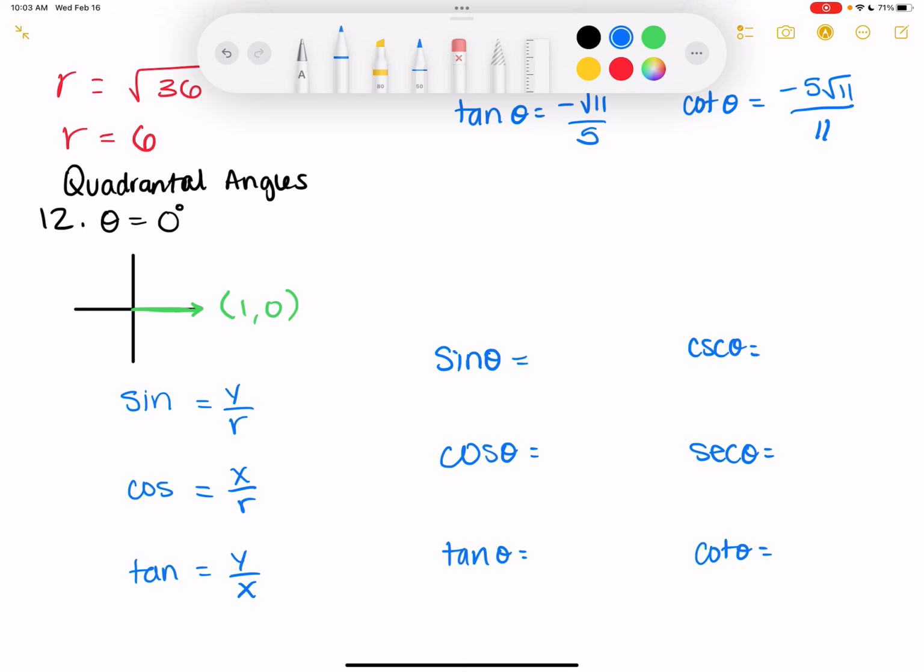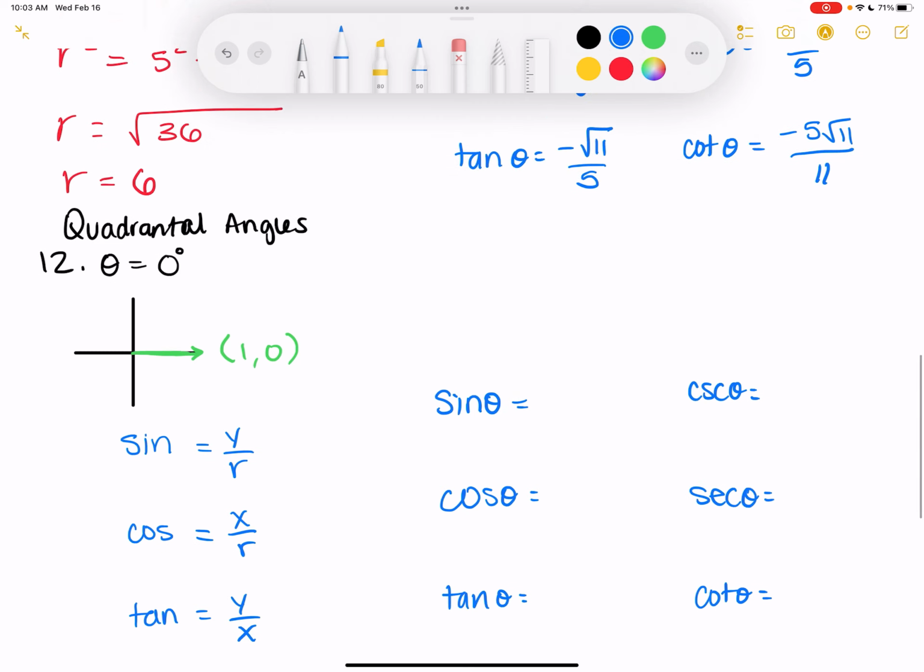Now with something like this, what does my r value have to be? 1, because we still can do it the same way. So we get r squared is equal to x squared plus y squared. So r is equal to the square root of 1 squared plus 0 squared.